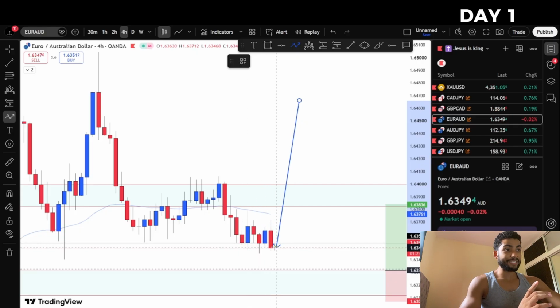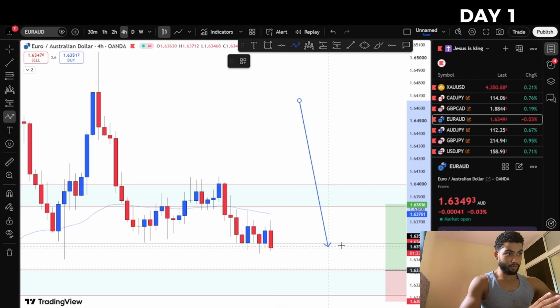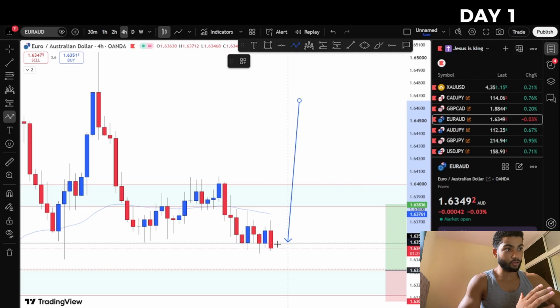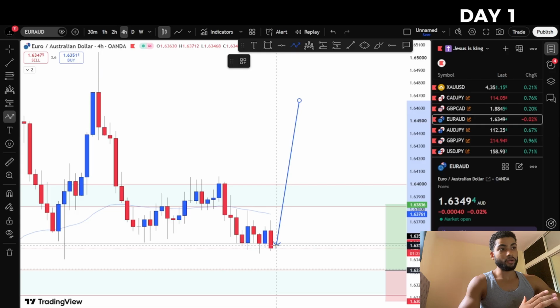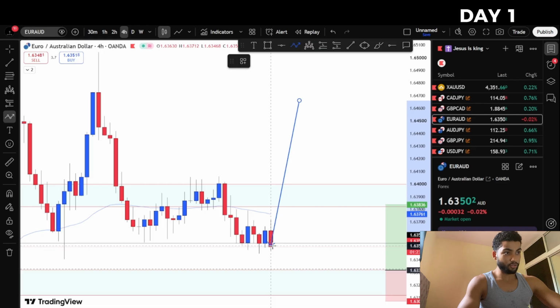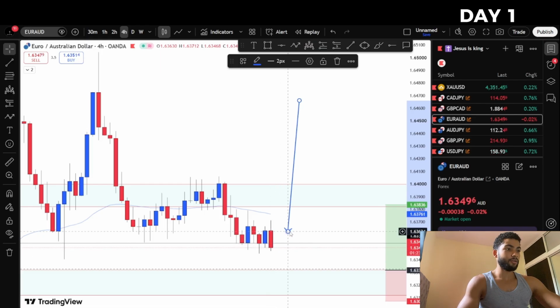But since this candlestick hasn't closed yet, because it has 1 hour and 23 minutes left for it to close, price could just be creating a wick as it has done in the past. As you guys can see, at one point price was below this, and then it ended up closing right above here. So until that candlestick closes, it is not a confirmed lower low.